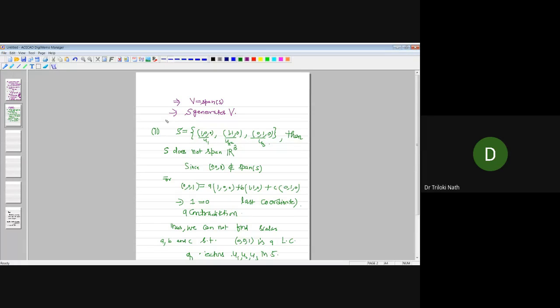So we are done. So clear to everyone? Is it clear? That is, S does not generate the whole space R3, right?